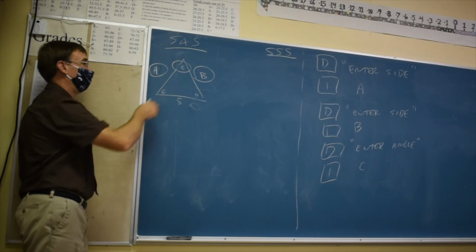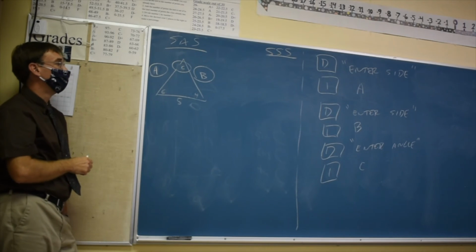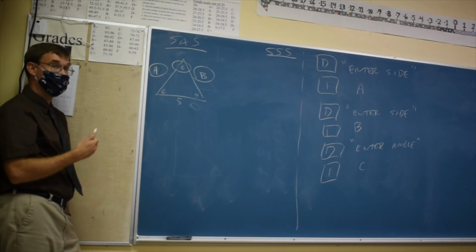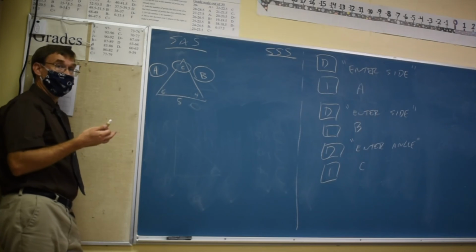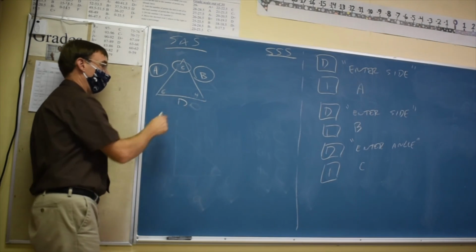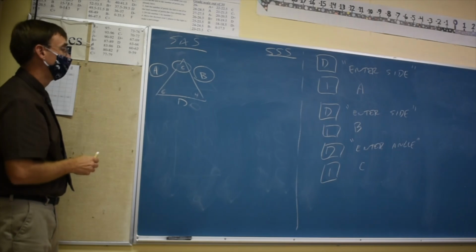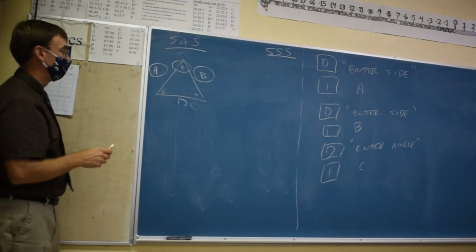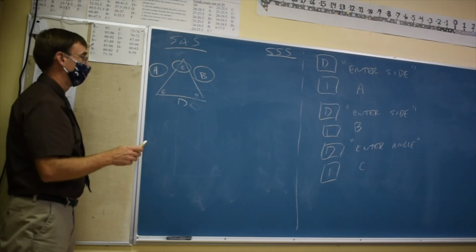That's C, so no. Do we have to come up with making a D? Well, something needs to be a D, yeah. We'll need a D because we're using this to figure something out, right? So the thing that we don't know is going to have to be a variable, so we could call that D if you like. D squared equals A squared plus B squared minus 2 times A times B cosine C.